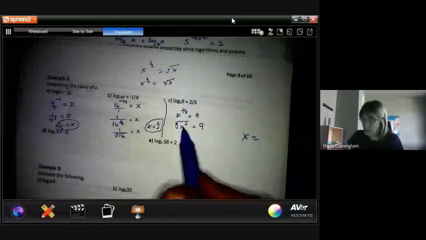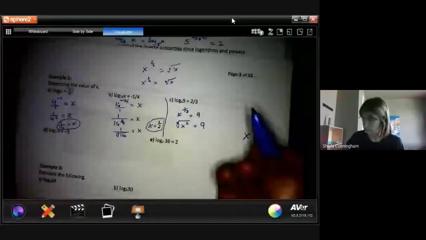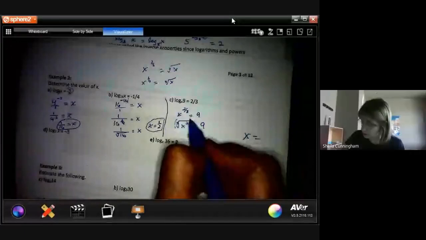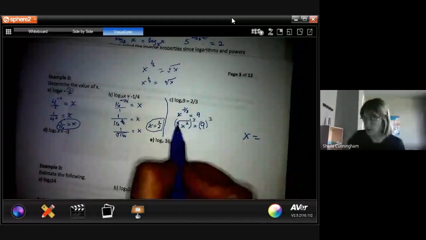My first thing to eliminate is this cube root. What's the opposite of cube rooting something? I hope you're saying, hey, I have to cube it.